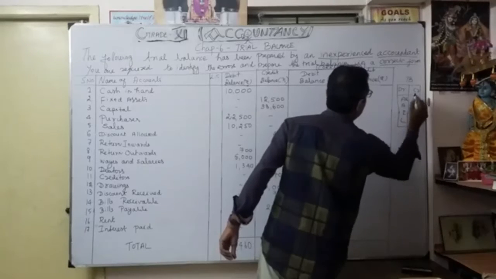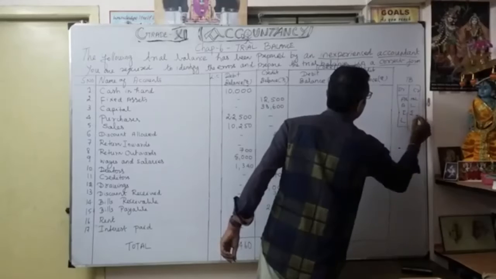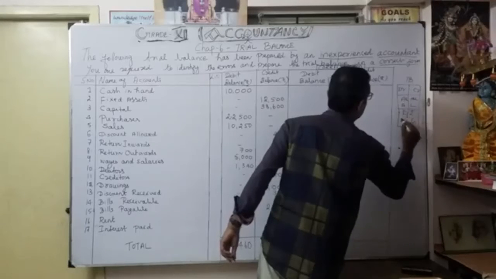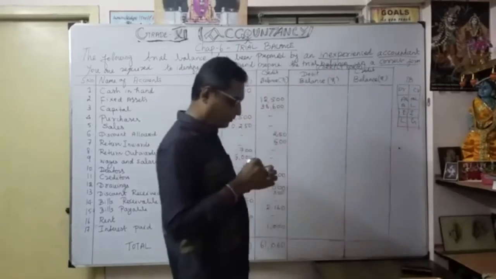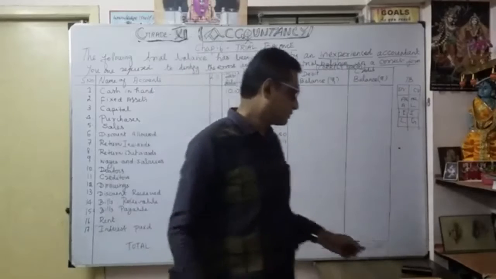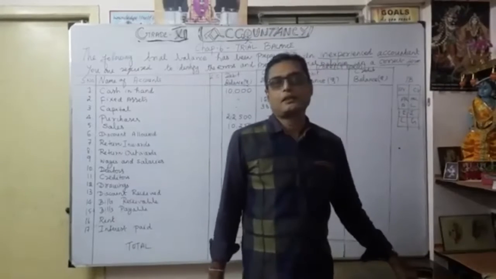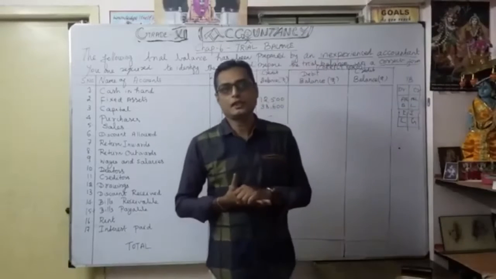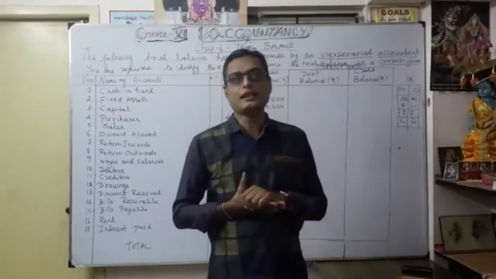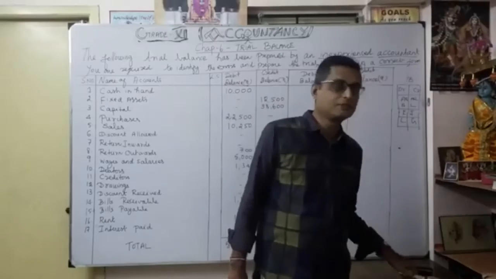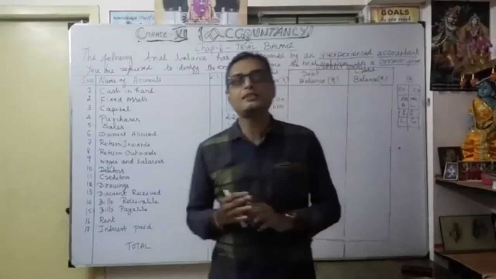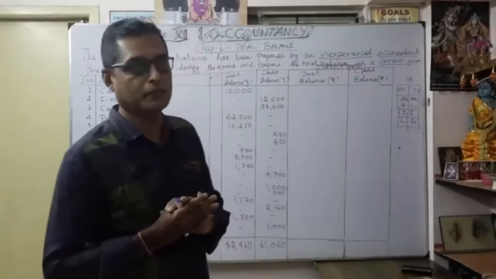Similarly, credit has all liabilities, income and gains. These are the formula for recording the head of the ledger accounts in a trial balance, to identify which is a debit balance and which is a credit balance. Now let's see one by one in detail.